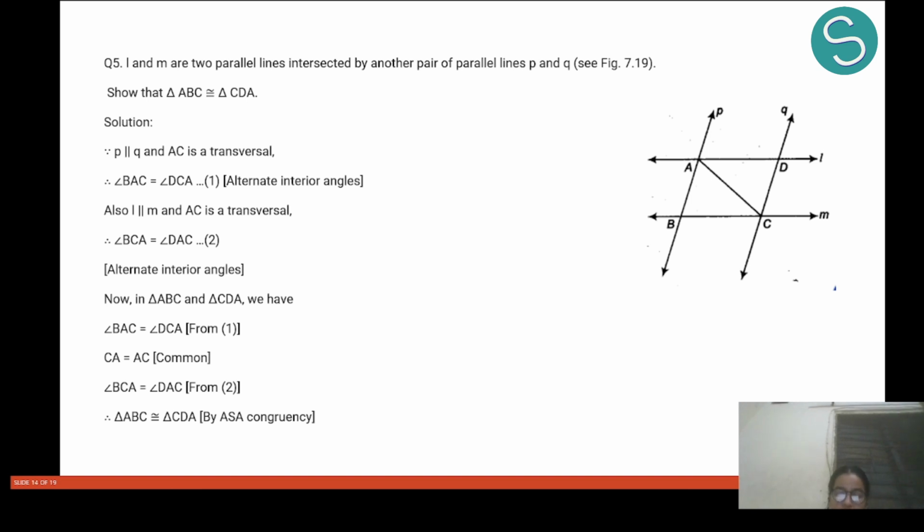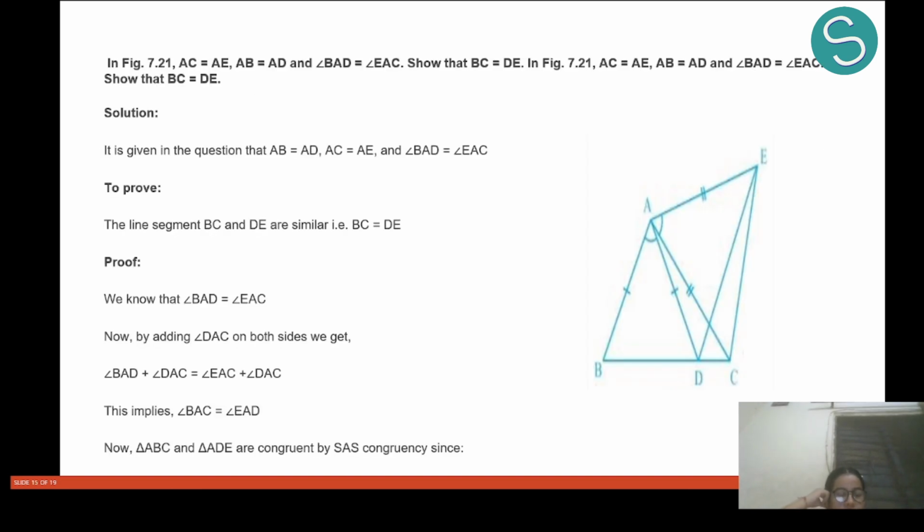Hence, it is proved. Now, in this question, it is given AC equals AE, AB equals AD, and angle BAD equals angle EAC. We have to show that BC equals DE.